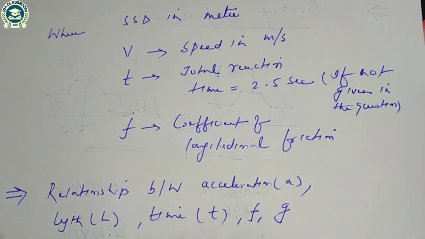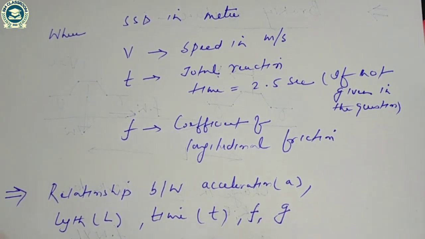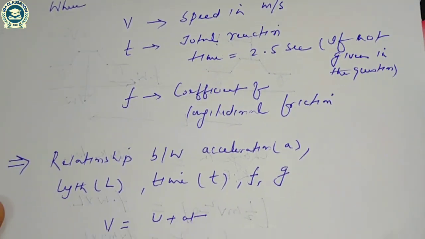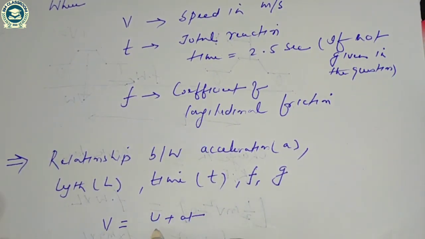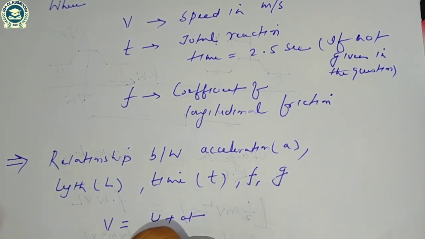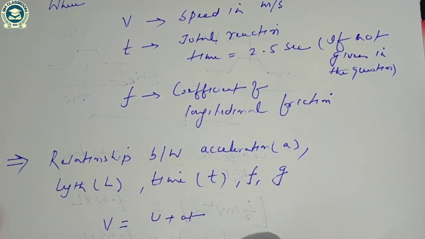So in 9th class physics, if I apply v is equal to u plus at, where v is the final speed, u is the initial speed, a is the acceleration, and t is the time. So final speed is 0, so u is equal to minus at.